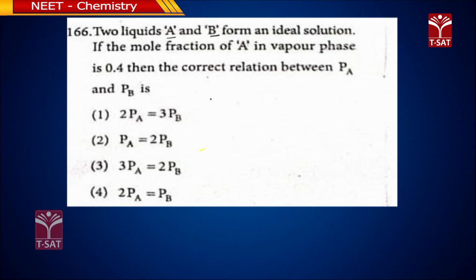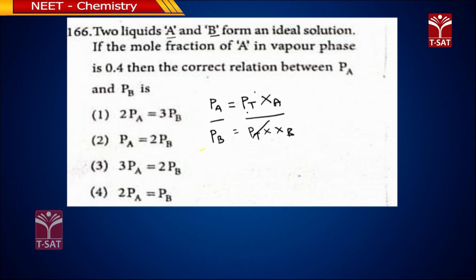So partial pressure he is asking. Partial pressure of A is equal to total pressure into mole fraction of A. If you are dividing the partial pressure of A with partial pressure of B, partial pressure of B is equal to total pressure into mole fraction of B, right? Total pressure into mole fraction of B.